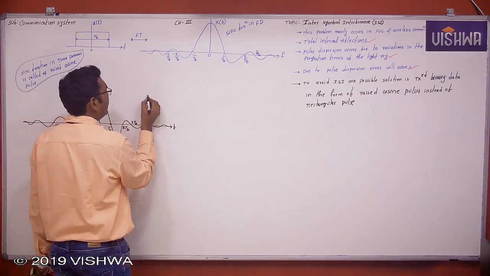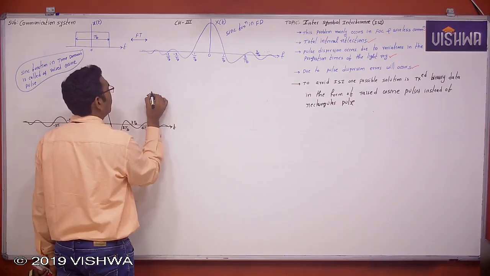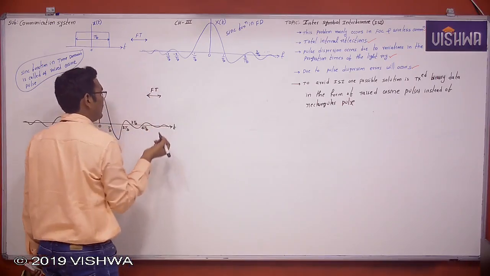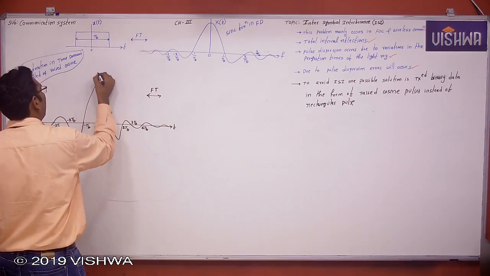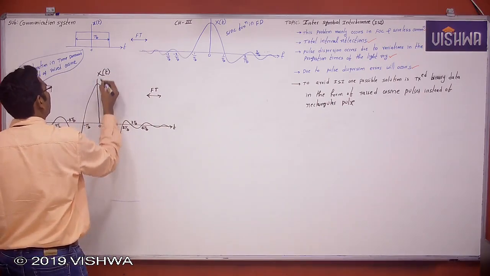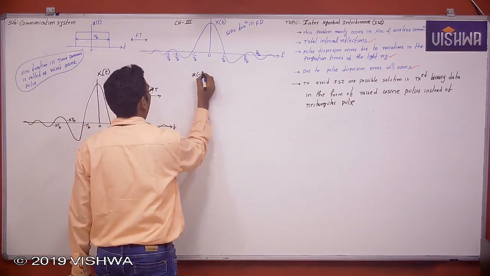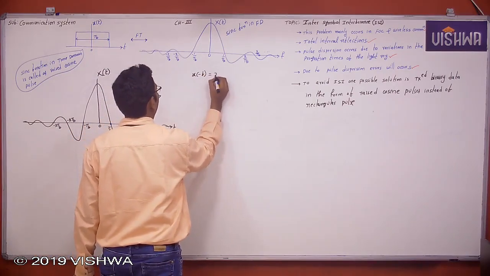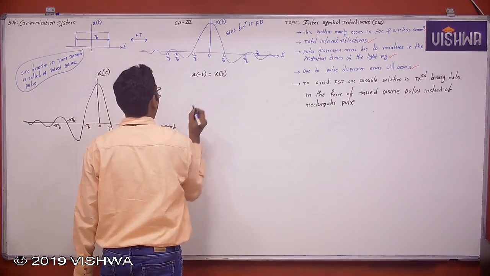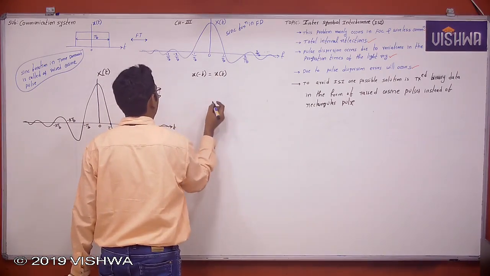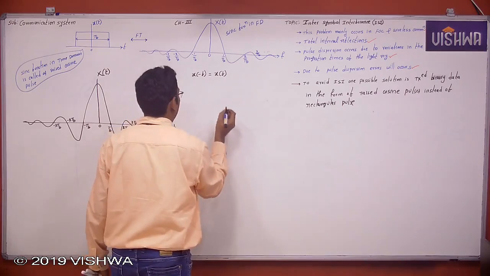Now what is its frequency domain? Now this is capital X of t, whose Fourier transform is nothing but small x of minus f. If it is an even function, small x of minus f is small x of f. If it is an odd function, small x of minus f equals minus x of f.